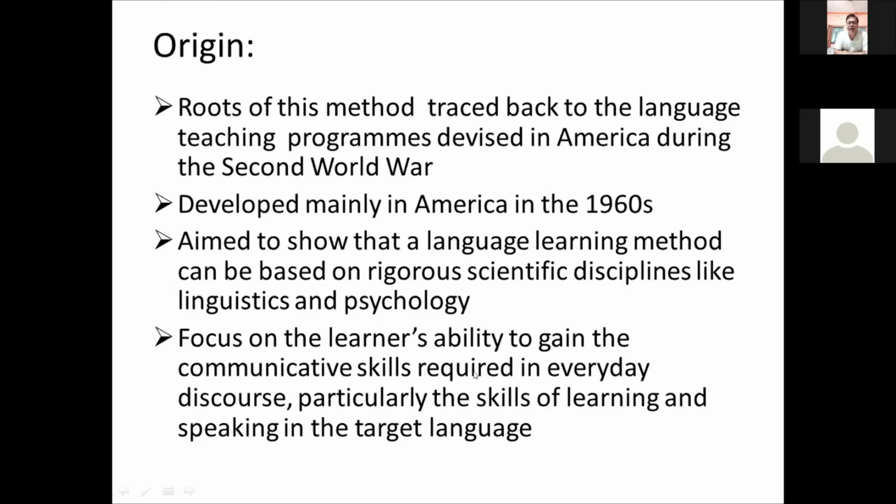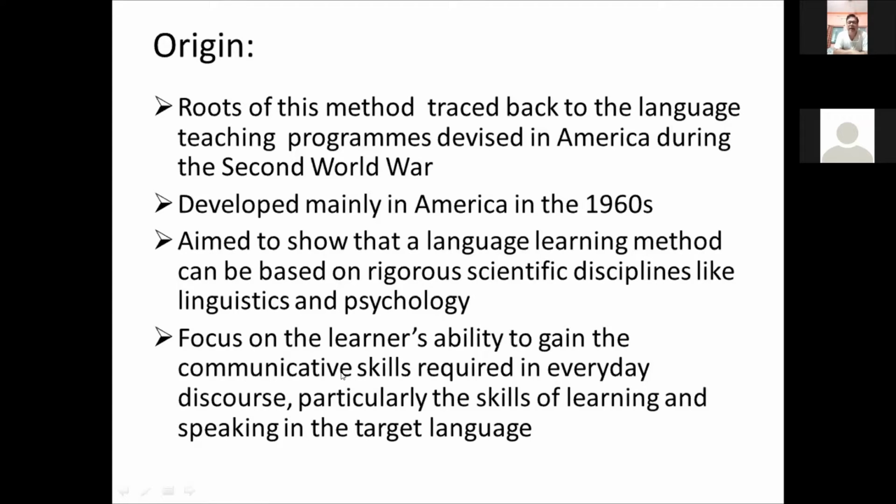Now, as part of this method, language learning was considered a rigorous scientific discipline like linguistics and psychology. So it was felt that language learning is also a scientific discipline, almost like linguistics or psychology.